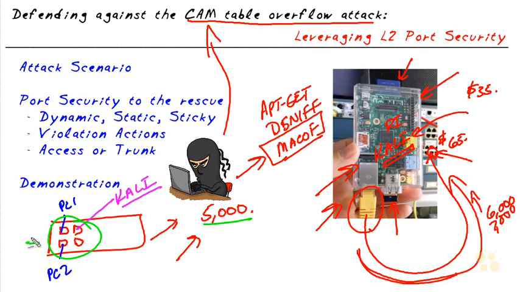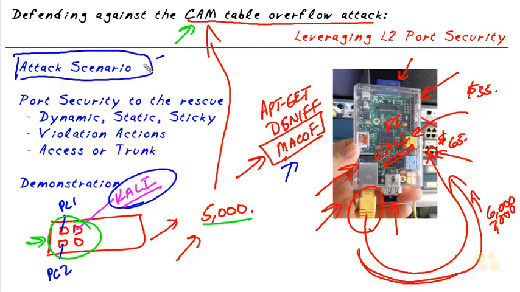Now that the switch no longer remembers PC1 or PC2's MAC address, when the switch receives a frame and it's not in the CAM table, the content addressable memory, the switch is going to treat that frame as an unknown, and it's going to forward that frame to all other ports in that same VLAN. And that gives the opportunity for this device, the Kali device, to now eavesdrop on the conversations that are happening in that VLAN. And this is a real attack, and it's also really easy to pull off. So that, my friend, is our attack scenario.